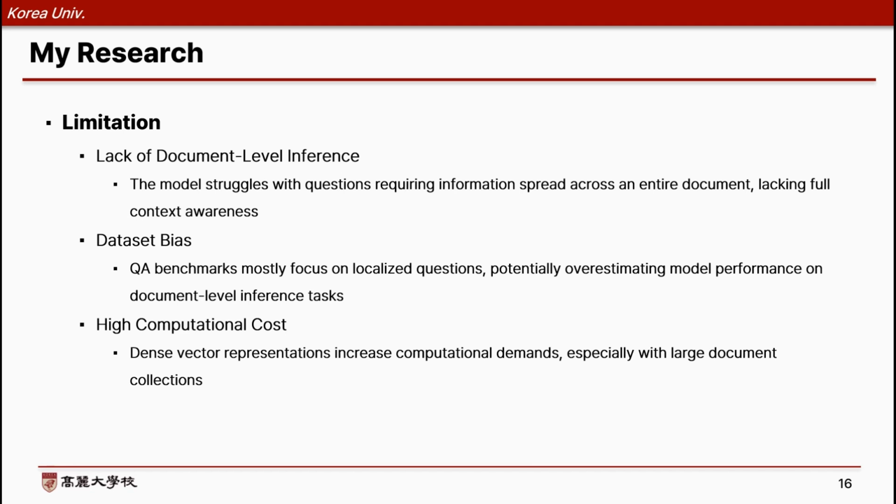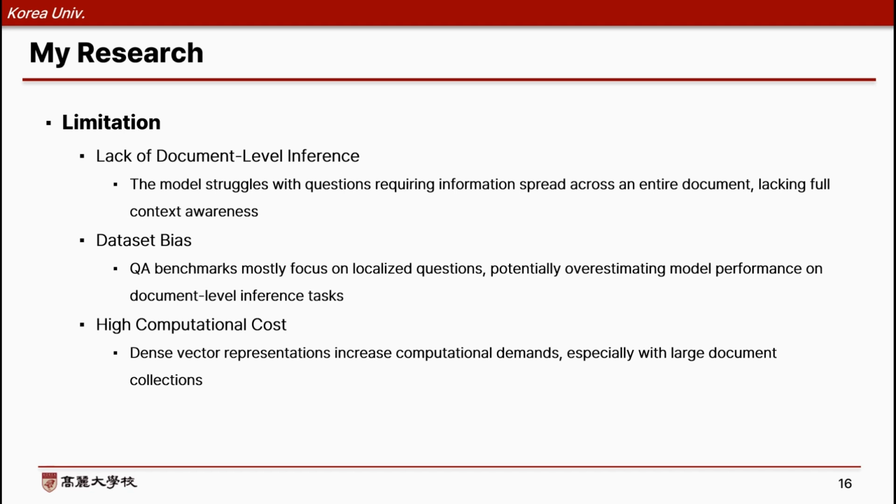Second, dataset bias, as QA benchmarks mostly focus on localized questions, potentially overestimating model performance on document-level inference tasks. Third, high computational cost. Dense vector representations include computational demands, especially with large document collections.